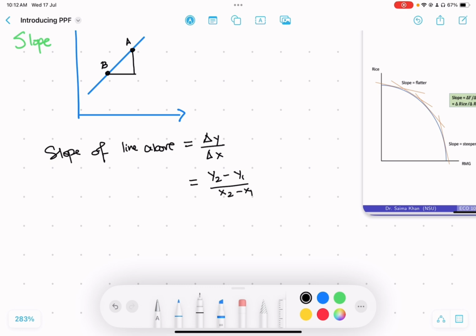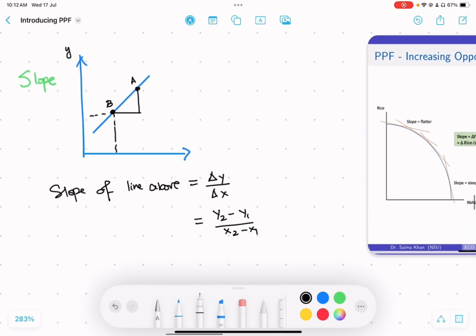So in this curve, this is the y-axis, this is the x-axis. Let's say this is x1 and this is x2, and this is y1 and this is y2.